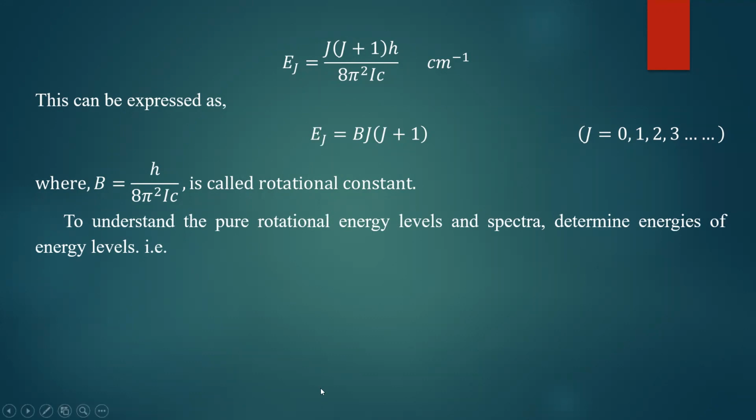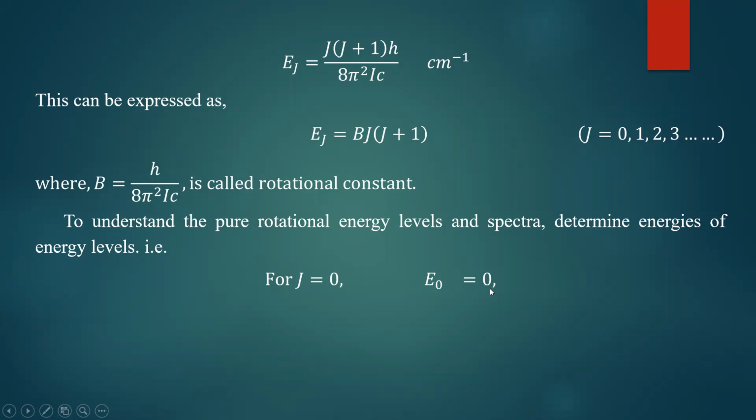To understand the pure rotational energy levels in the rotational spectra, we have to determine the energies of the energy levels. What is the energy of the first level, the energy of the second level, you have to find. This can be found by putting the values J equal to 0, 1, 2, 3, etc. For J equal to 0, it represents the ground state, and E0 is equal to 0.